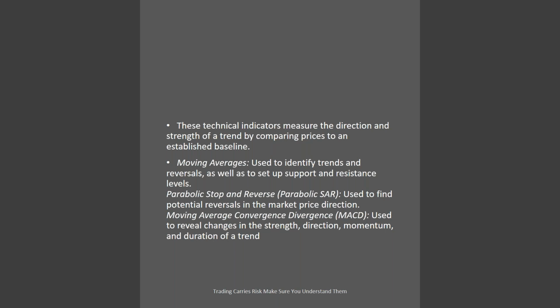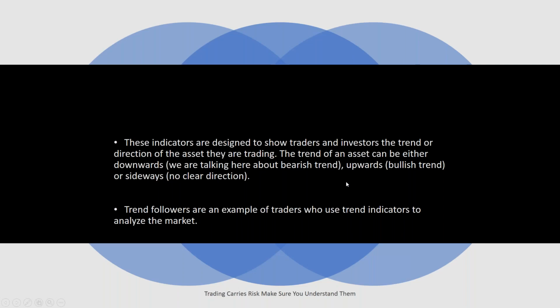For instance, moving averages are used to identify trends and reversals, as well as to set up support and resistance. Moving average convergence and divergence is used to reveal changes in strength, direction, momentum, and duration of a trend. And like I said, MACD covers everything. So you should come to our class on MACD.